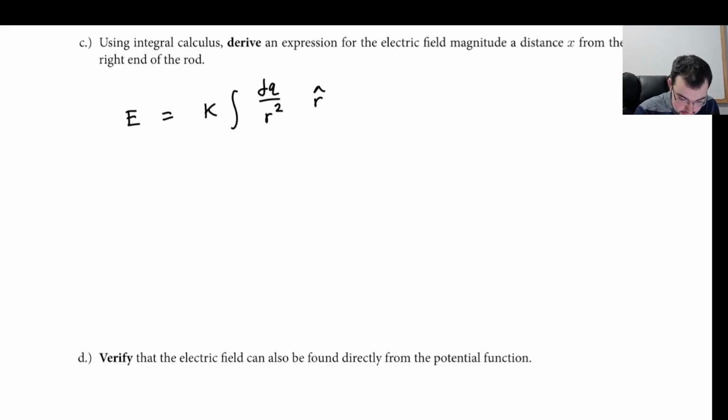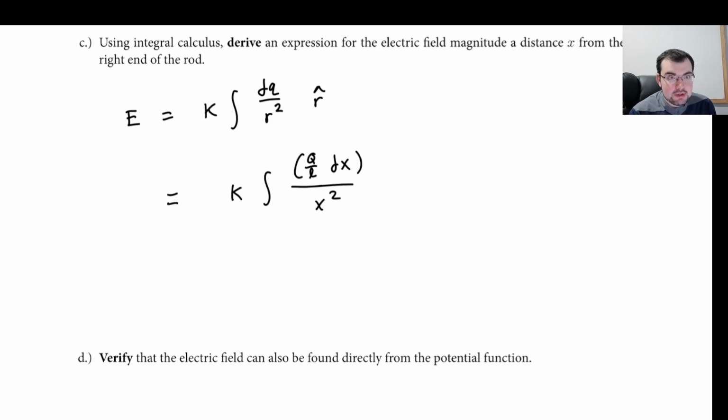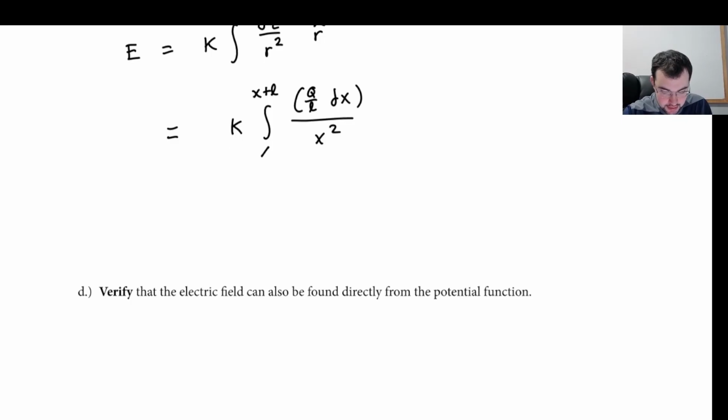So this means we can just plug in everything we had originally. We said dq was lambda times dx, and x was the distance to one of the segments. So x was our minimum distance and x plus L was our maximum distance. We had no component maker or anything to deal with in that problem.